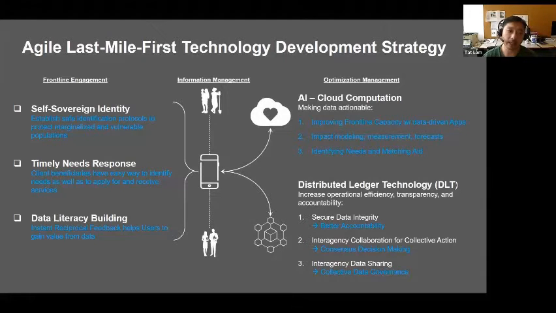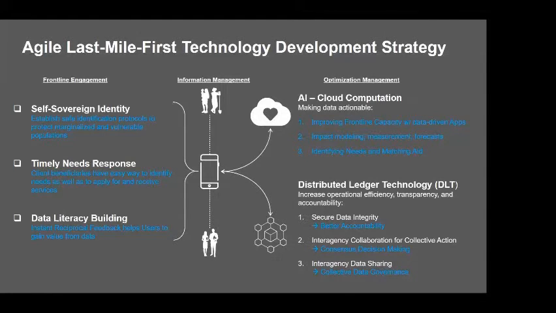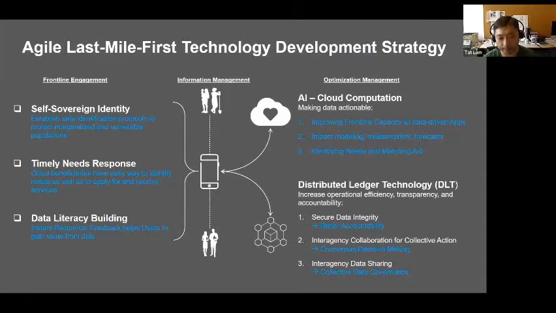At the end of the day, I think we always start from the last mile. This is what we call the last mile agile technology development. We're going to talk about the agile strategy later, but it's quite important for us to design the entire solution from the bottom up.